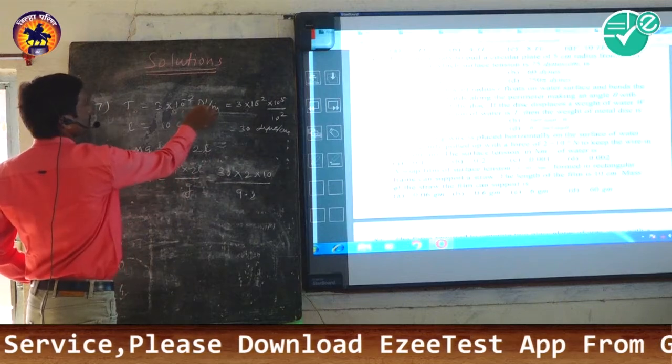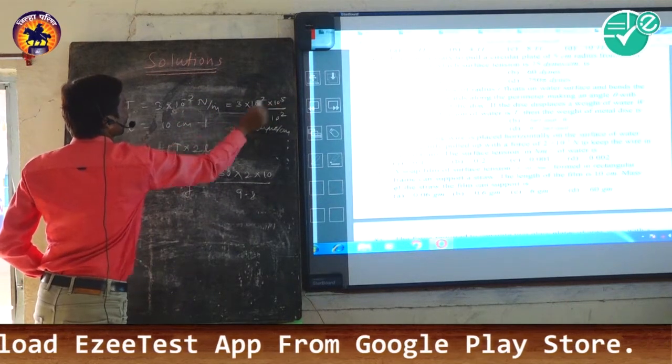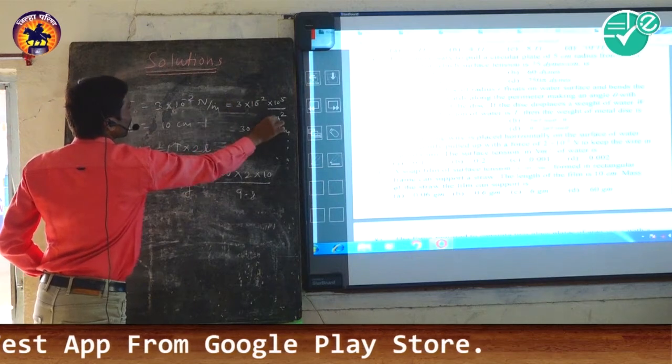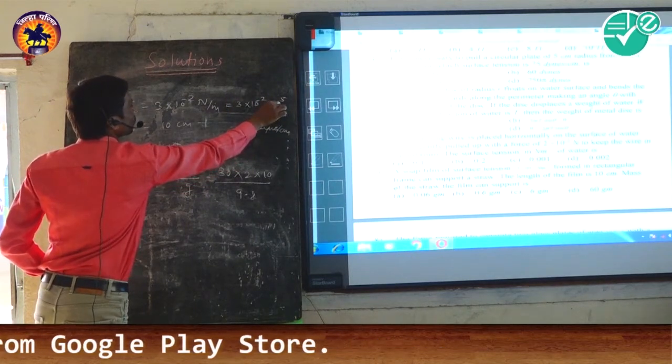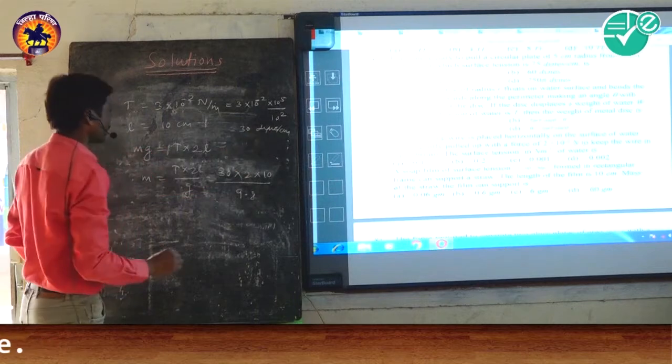Sorry, here we convert Newton into dyne, so we get 10 raised to 5 dyne, and meter into centimeter, that is 10 raised to 2. So it remains 10 raised to 3 and this minus 2. It means 30 dyne per centimeter.